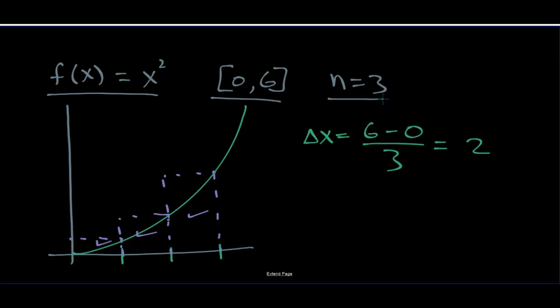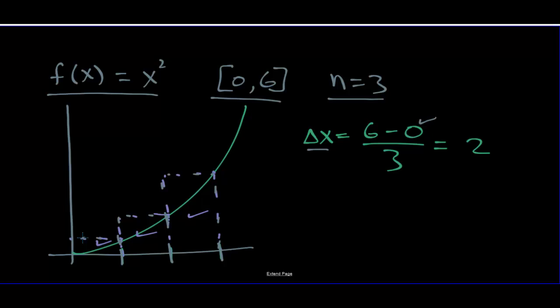So notice, I found delta x by taking the width of the interval, dividing by 3, and I got 2. And then we divided up under the curve. We said, here's 2, 4, 6. And then I just made rectangles. We're going to add up the area of those rectangles. That's going to make a sum, and we'll use that sum to approximate the area under the curve.